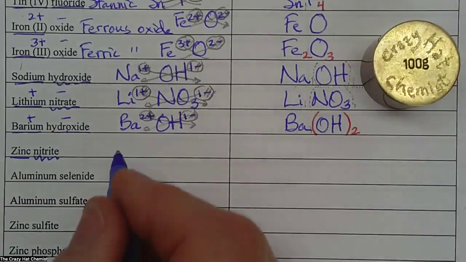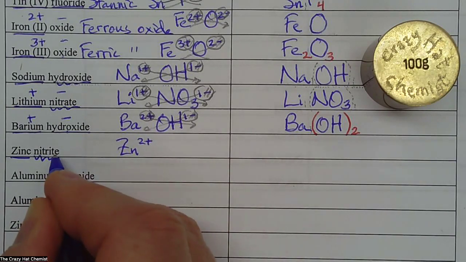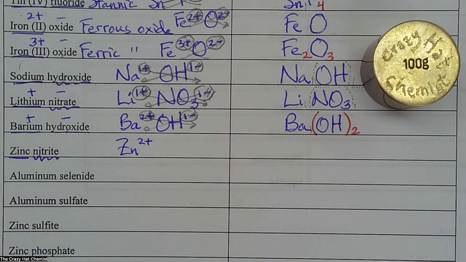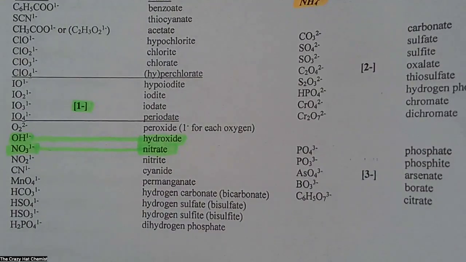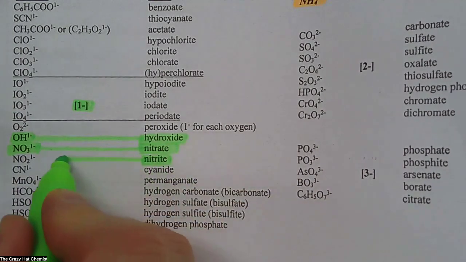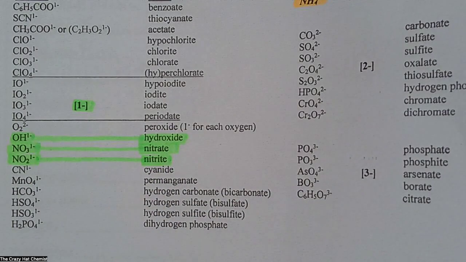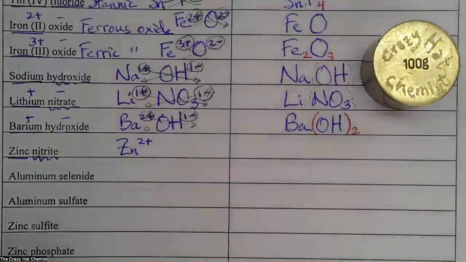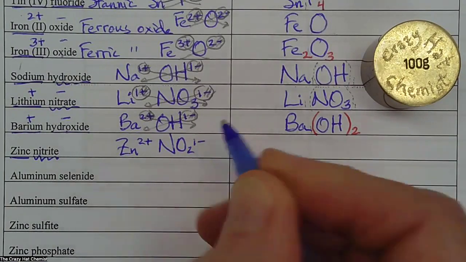So I'm going to write that down. Zn2 plus, and then nitrite. And so that is a polyatomic anion, nitrite. So nitrite is different than nitrate. There's a single letter difference between the spelling of the two, and there's a one number difference between the two. So nitrite is NO2 minus 1.